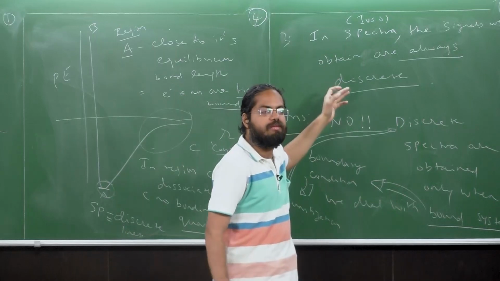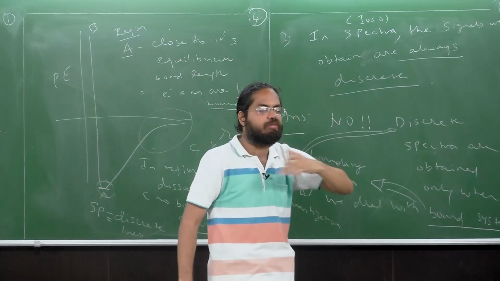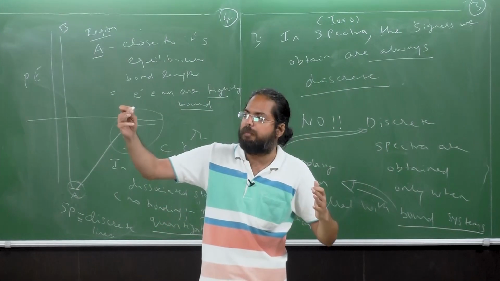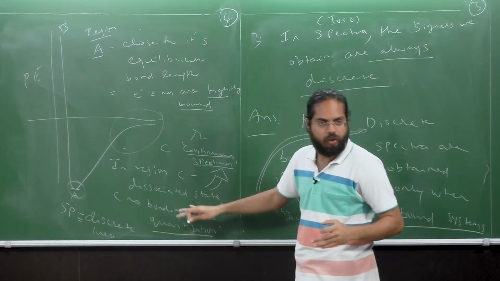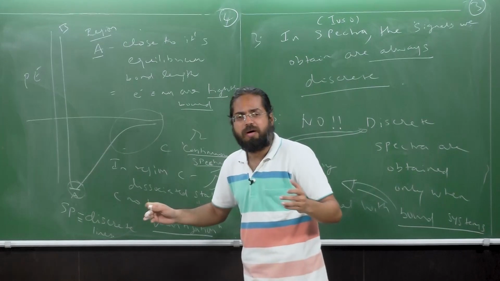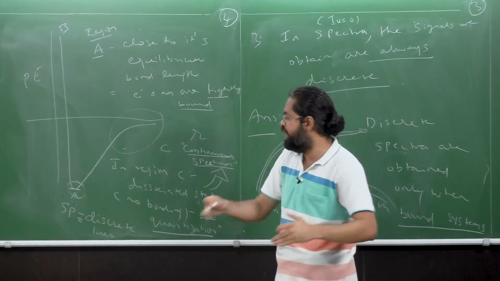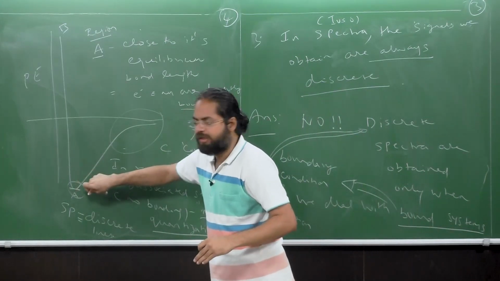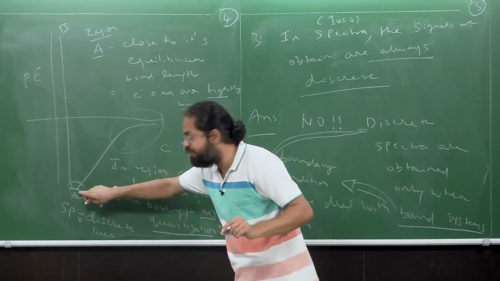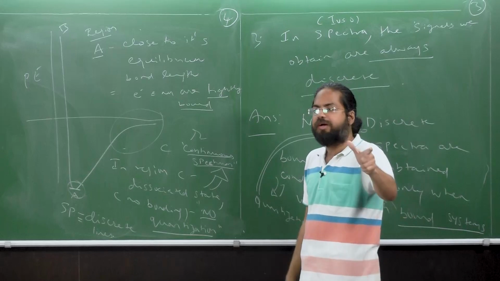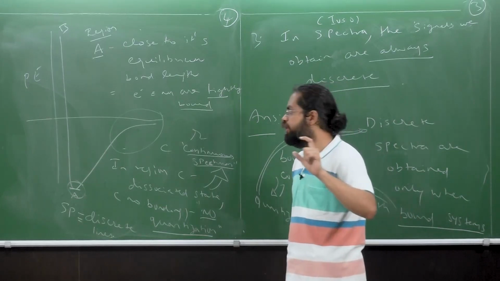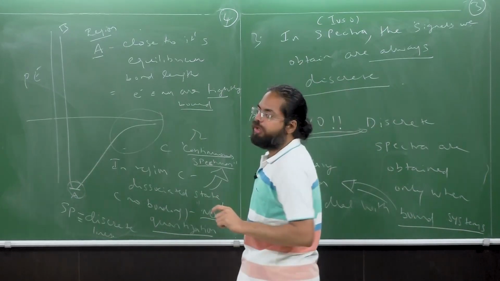This is going to be a recurring theme many times in spectroscopy when we obtain the spectra of species which are not bound. From our perspective in this class, we are much more concerned with the region close to the equilibrium bond length, wherein the state we are describing is a bound state, and therefore the spectral lines are going to be discrete.